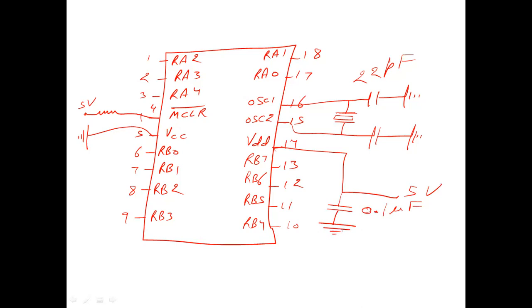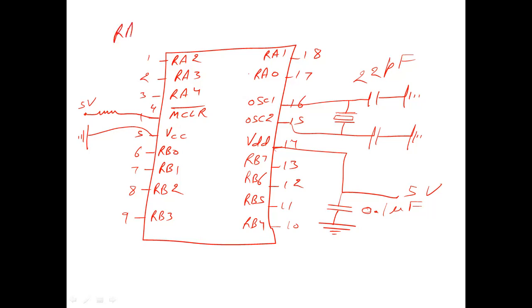Right, now this RA0 through RA4, this is RA0 here, RA0, RA1, RA2, RA3, RA4 are digital input output pins.